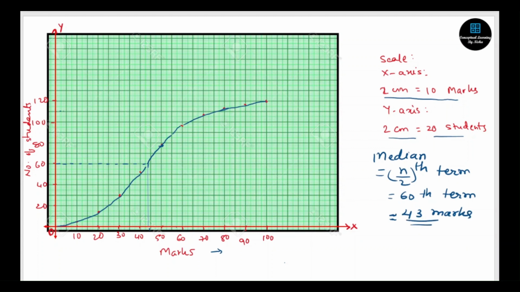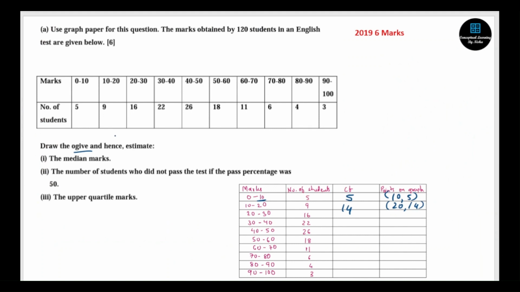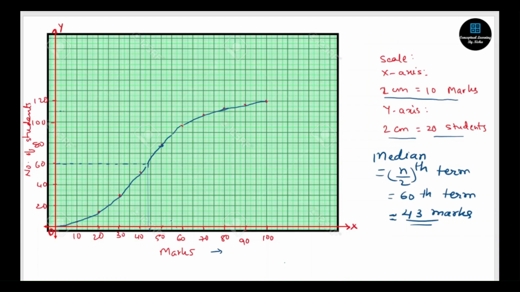Now the second question: the number of students who did not pass the test. The passing percentage was 50. Now what does it mean? Here the passing percentage is 50 marks. We already know this point, 50, 78.